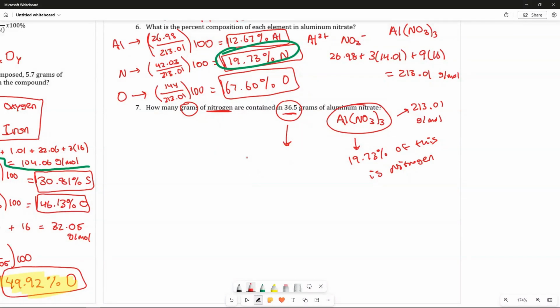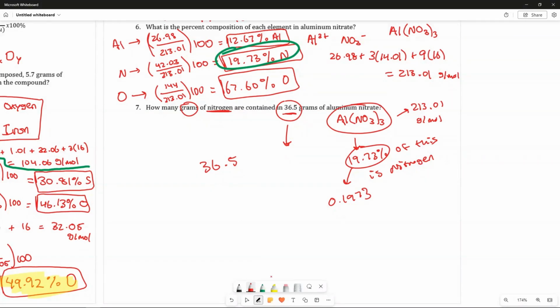Since Al(NO3)3 has 19.73% nitrogen in it, then if we have 36.5 grams, 19.73% of it is going to be the gram value of nitrogen. Remember, 19.73% really is 0.1973. All we've got to do is divide by 100 if we have a percent, and we'll get the decimal version.